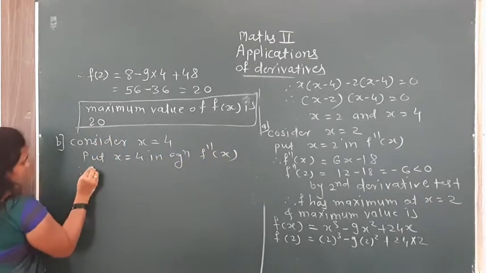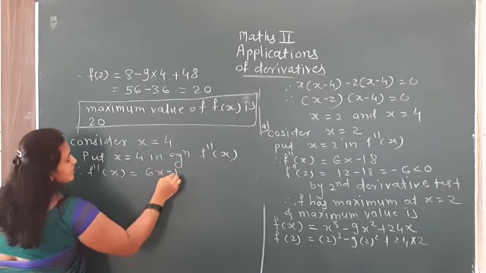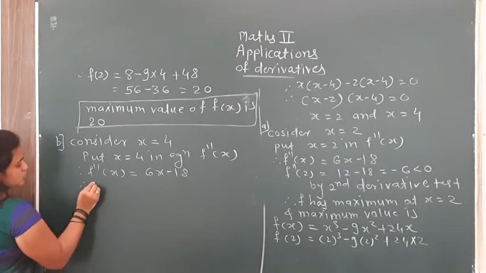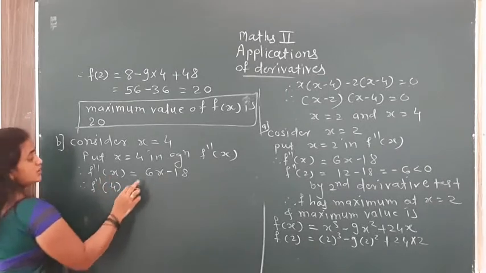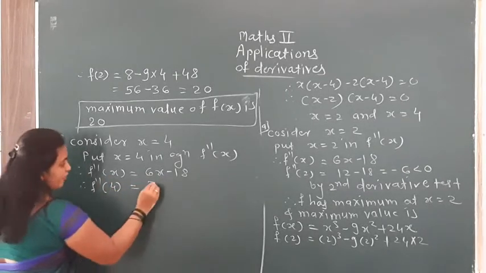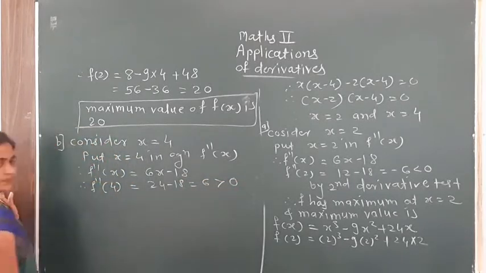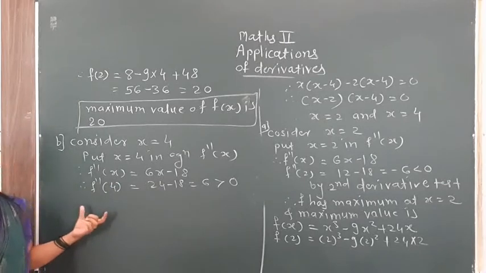So f double dash of x is equal to 6x minus 18. And here we find f double dash of 4 is equal to, substituting 4, 6 multiplied by 4, which is 24, minus 18, which is 6, which is greater than 0. So when the double derivative is greater than 0, the function is minimum.